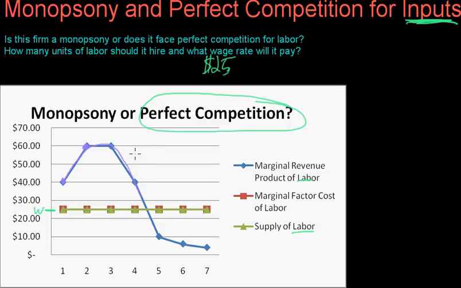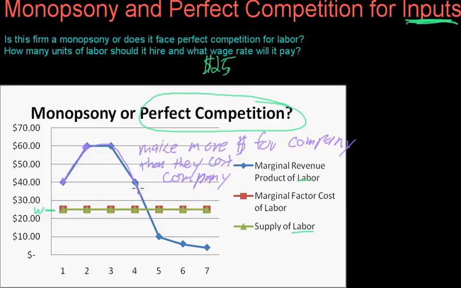They make more cash for the company than they cost the company. So you're obviously going to hire them. And this goes all the way down to here. And so this is the last unit of labor that you will hire.